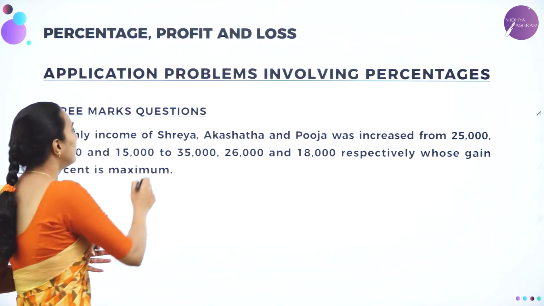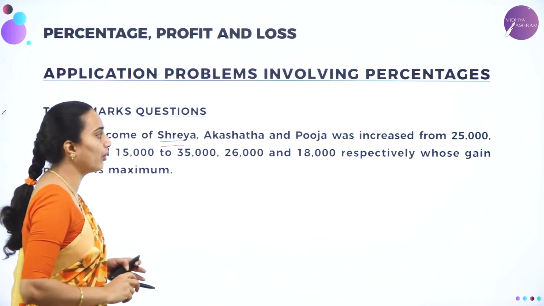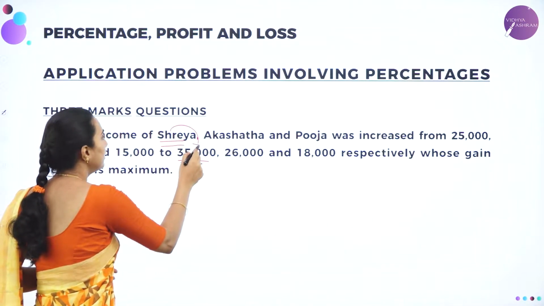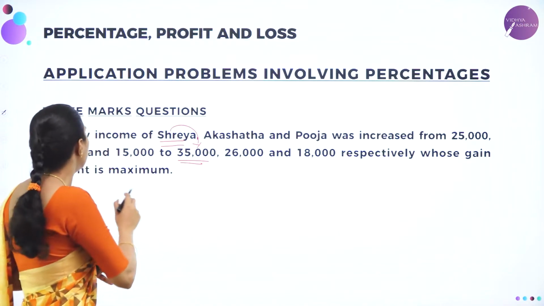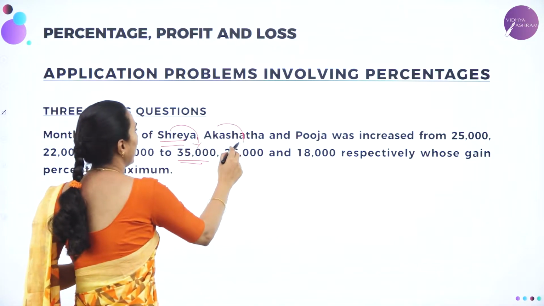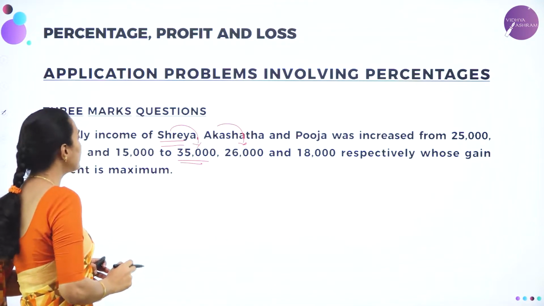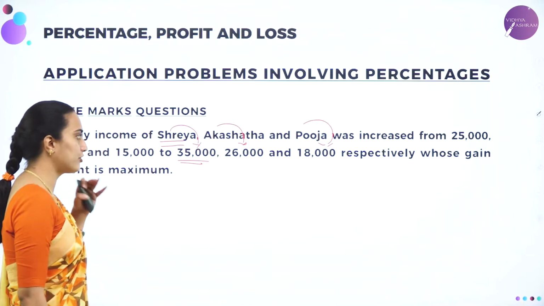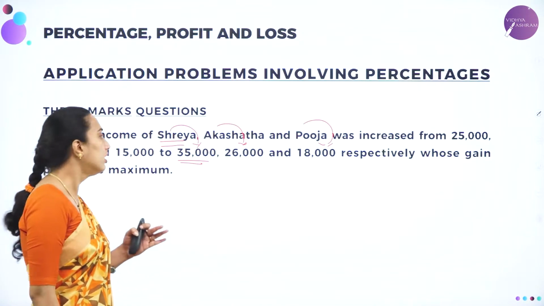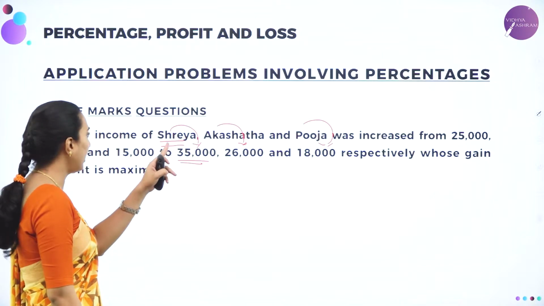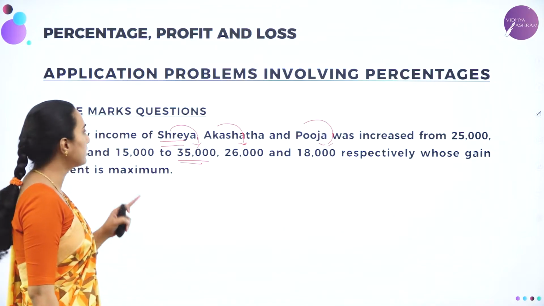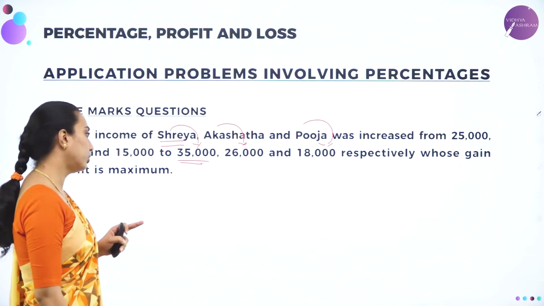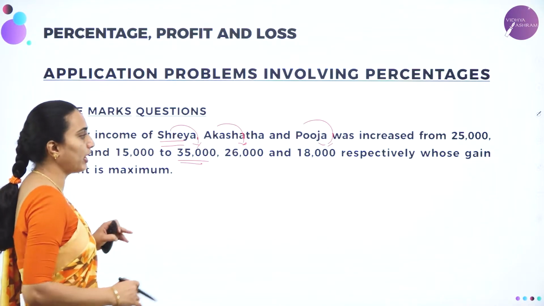So here Shreya was increased from 25 to 35, Akshata from 22 to 26, and Pooja from 15 to 18. So what will be the initial value of Shreya, Akshata and Pooja? Shreya is 25,000, Akshata is 22,000 and Pooja is 15,000, isn't it? So therefore, what is the maximum percentage?